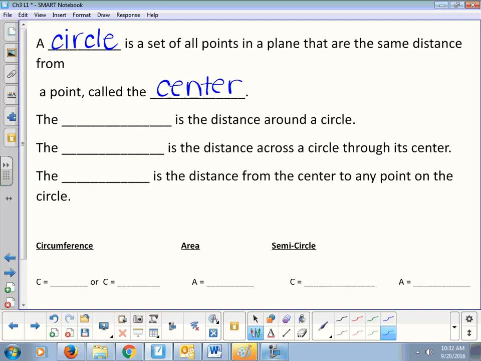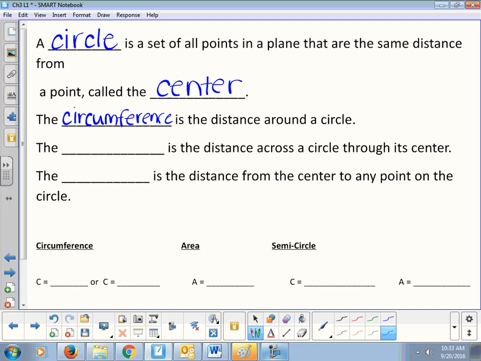So they're the same distance around the center. Does anyone know what we call the distance around a circle? Circumference. The circumference is the distance around a circle.